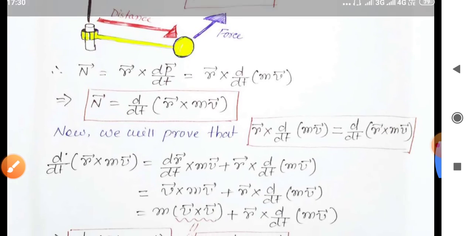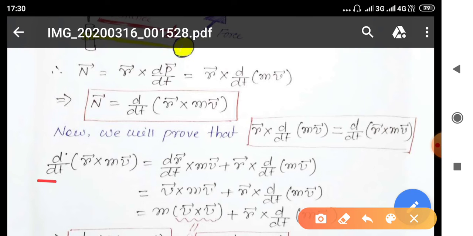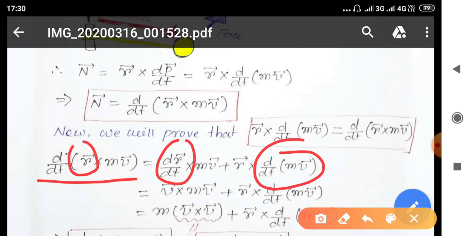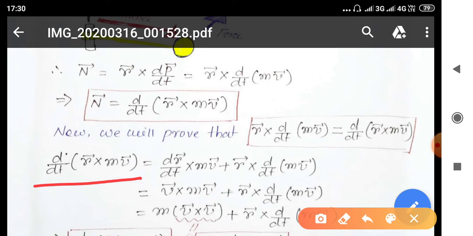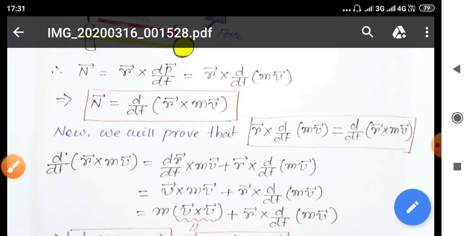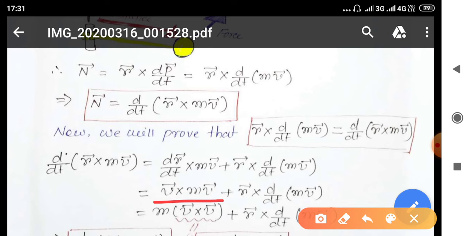For that, we analyze d/dt of r cross mv. We can write it as the differentiation of the r vector first, keeping mv constant, and then keeping r constant and differentiating mv. So we get d/dt of r cross mv equals dr/dt cross mv plus r cross d/dt of mv. Now, as we know, dr/dt is nothing but the velocity, so it gives v vector cross mv vector plus r cross d/dt of mv.